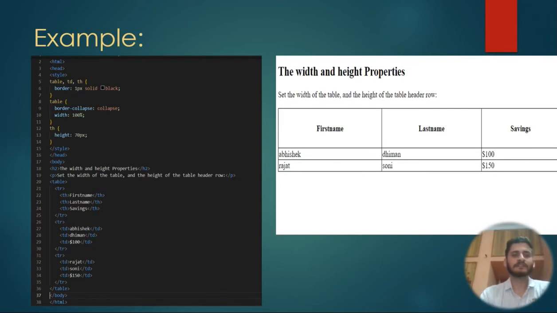This is an example of CSS in which the width and height properties are used, and it shows how to make a basic table with the help of CSS and HTML.